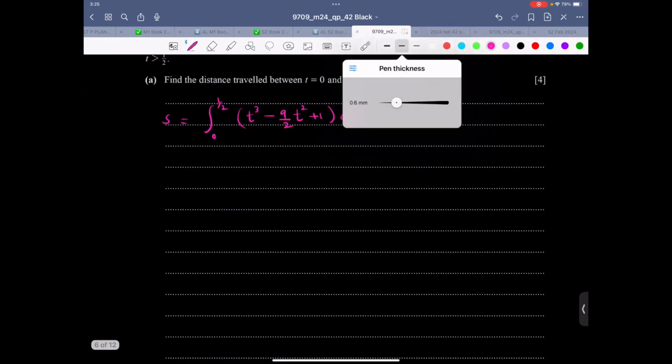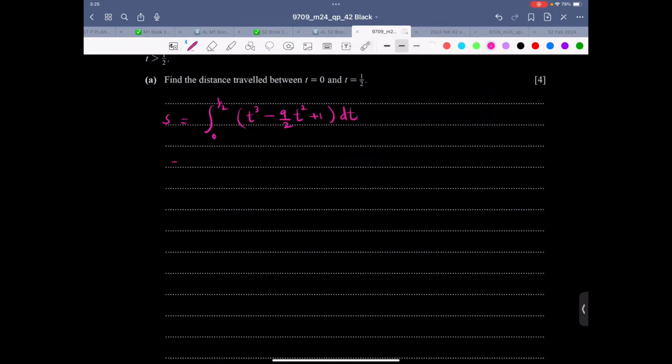So this becomes t power 4 over 4 minus 9 over 2, and t square becomes t cube over 3, and 1 becomes t, between the limits 0 and half. Simplify it a bit: t^4 over 4, minus 3 over 2 t cube plus t, between the limits 0 and half.